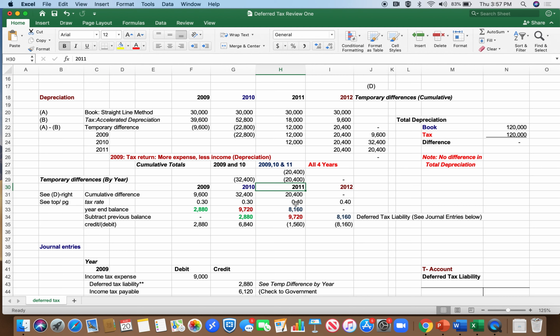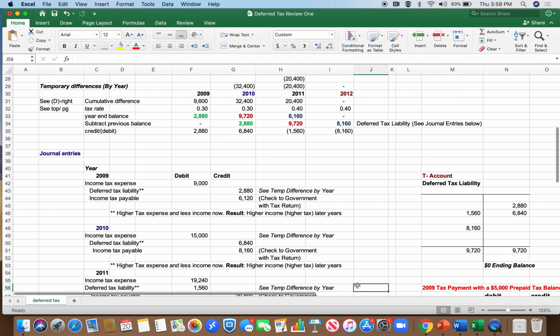We multiply it by 40% to get 8,160, but we have to adjust for what we've already recognized in prior years, and we get 1,560 here. That is a deferred tax asset. So let's look at the journal entry.